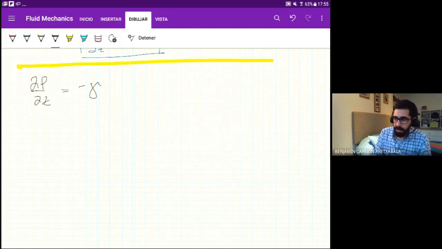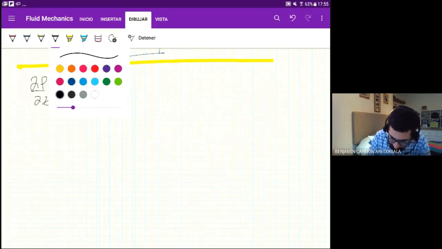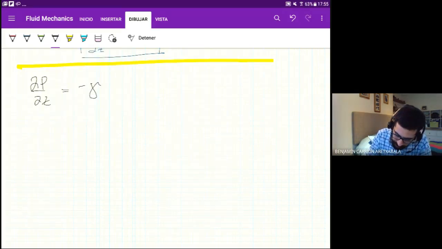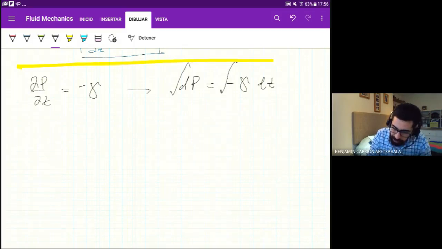So this is a differential equation, right? So we could integrate it. We could say this is a partial derivative, but we could express it as a total derivative if it's the only relevant direction. So we could say dp is equal to minus gamma dz, and if we integrate this, we can get to this equation.